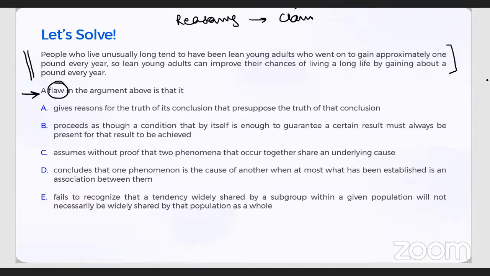And based on this reasoning, the argument has concluded that if you're already a lean young adult, you can improve your chance of living a long life by gaining 1 pound every year. So look at what's happening. What has been noticed is that if you were a lean adult a long time ago and you gained 1 pound every year, those people went on to live a long life. So if you are a young, lean adult right now and you want to live a long life, go ahead and gain 1 pound every year.